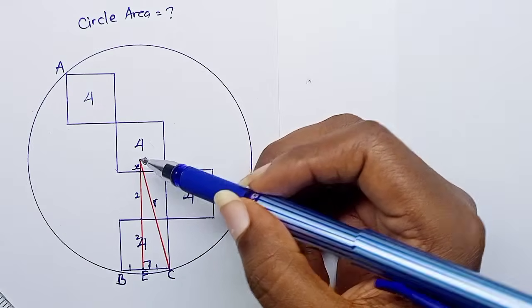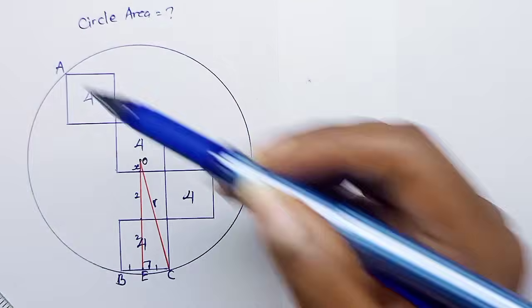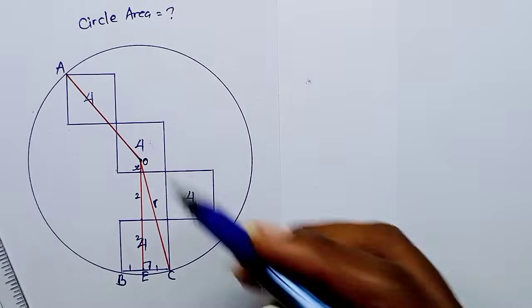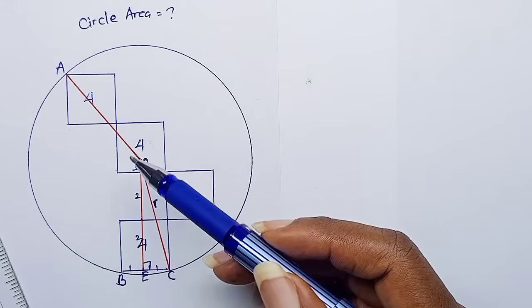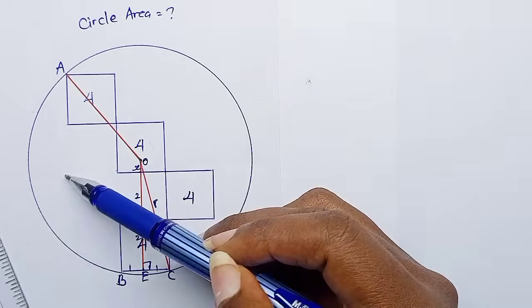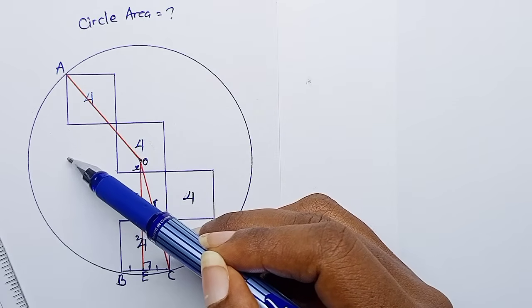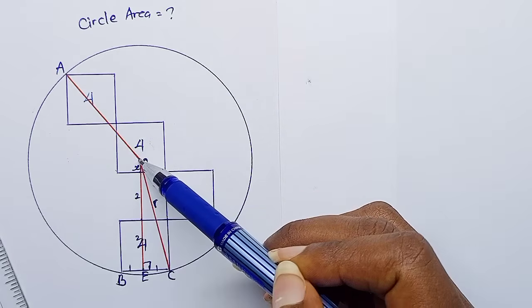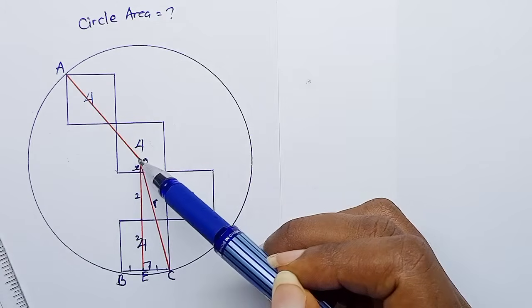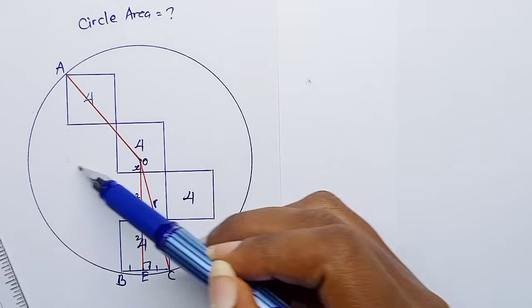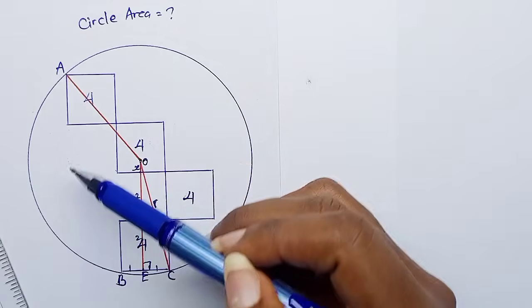Next, let's connect point O to A. Just like this. Also, let us connect A up to some point that we are calling D, such that line DO is perpendicular to line AD.